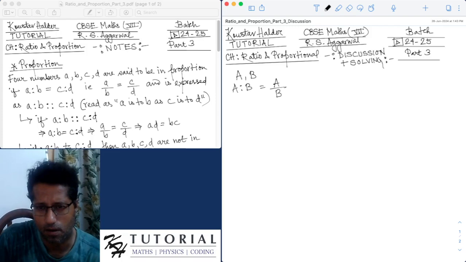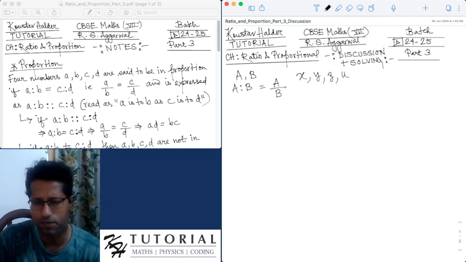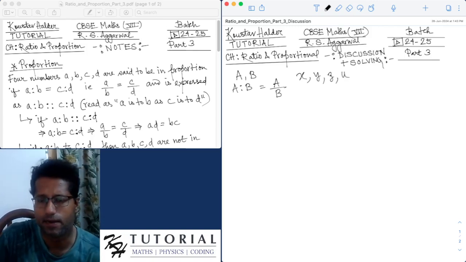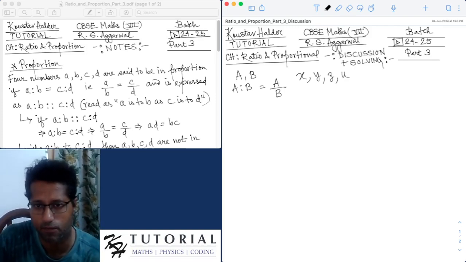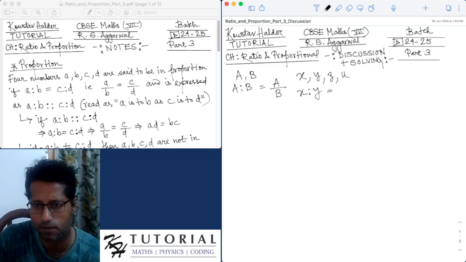So let's say there are four numbers, four quantities x, y, z, and u, and these quantities x, y, z, u are in proportion. We say that the ratio of the first two terms, that is x is to y, will be equal to the ratio of the last two terms, that is the third and fourth term, which is z is to u.